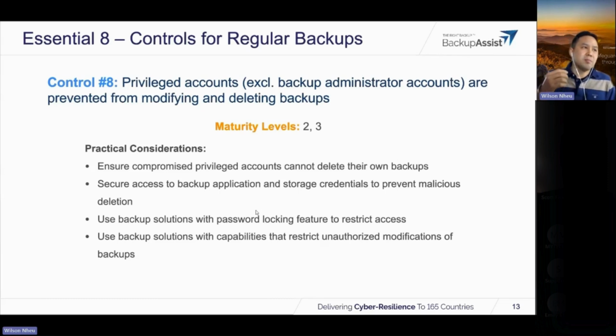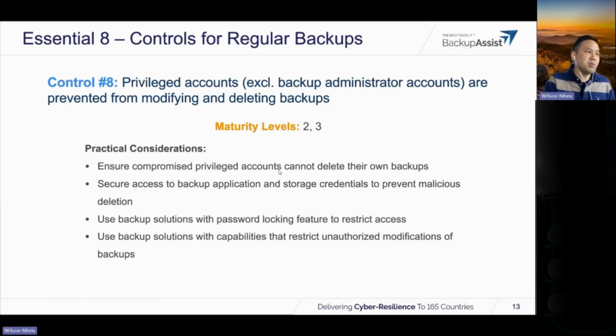Basically, you only want a certain group of people to have access to running the backup application so that they can't change the configurations. And lastly, I mentioned this before, you want to consider using backup solutions that have the ability to restrict unauthorized modification to backups.